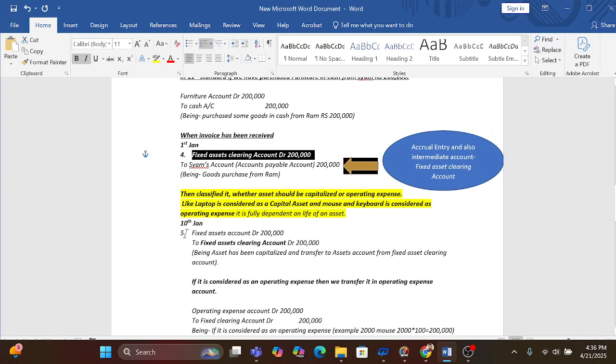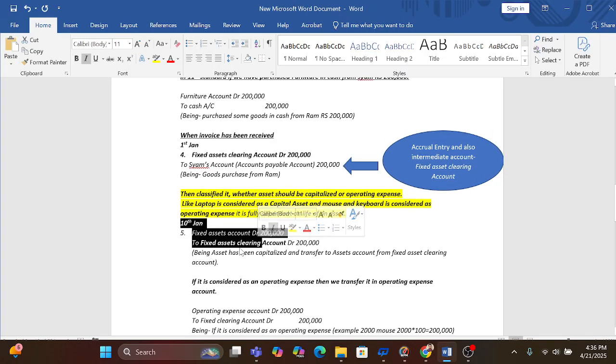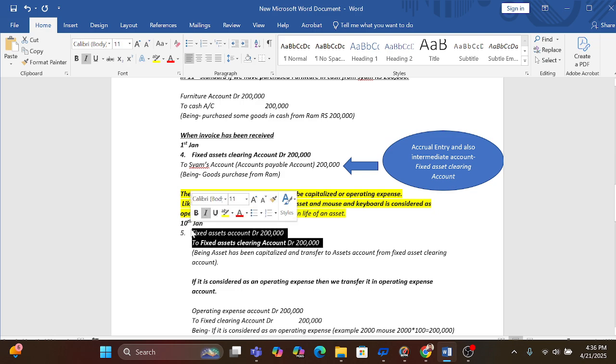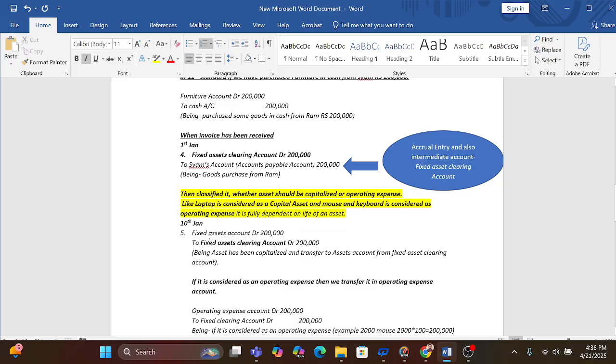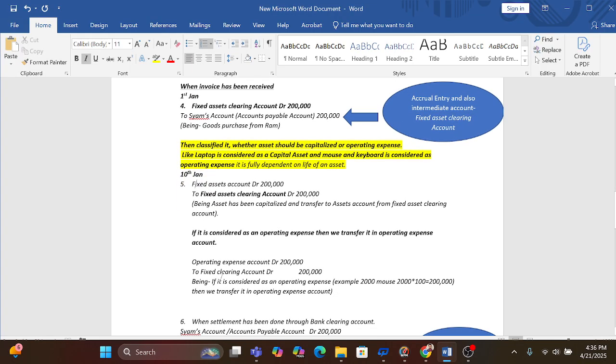Then after the 10th of Jan, our stakeholders, or we can say the onshore team, confirm that we need to consider it as a fixed asset. So our entry will be fixed asset account debit to fixed asset clearing account, or if they consider it as an operating expense, then our entry will be operating expense account debit to fixed asset clearing account.